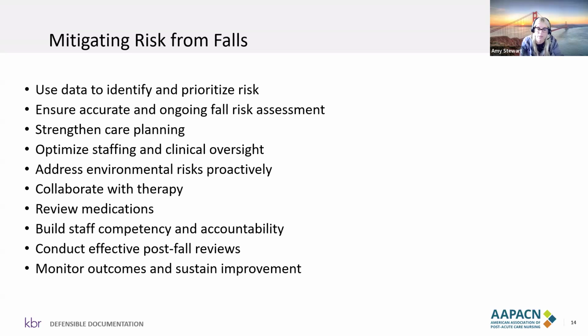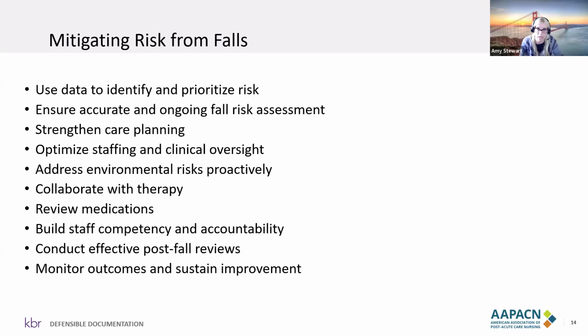And the second piece, before I turn it over, is you need to collaborate with the entire interdisciplinary team. So it could be you need therapy. Don't forget therapy is a big help in identifying deconditioning and working with the person, social services, activities, and dietary, all of you working together to help mitigate falls.